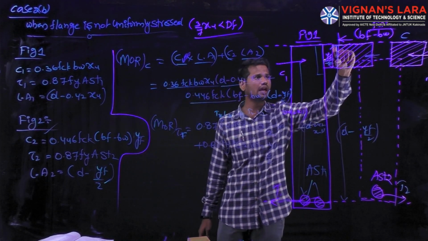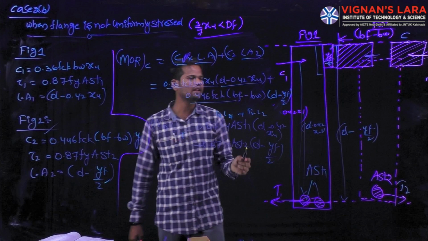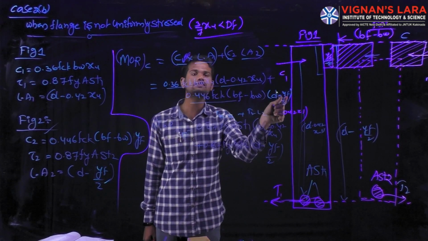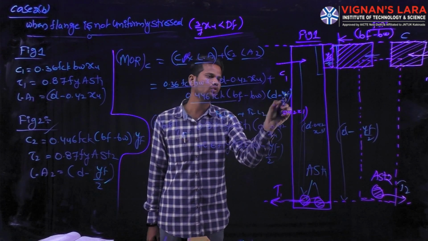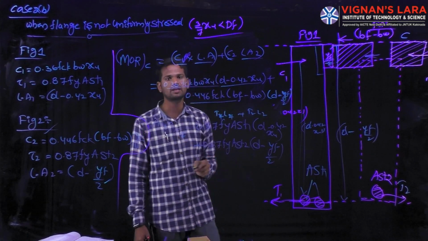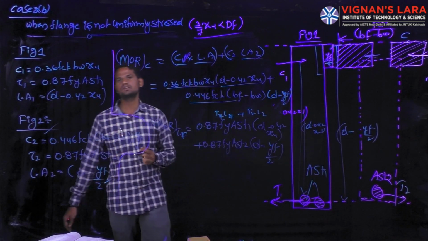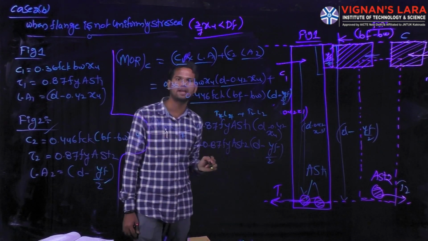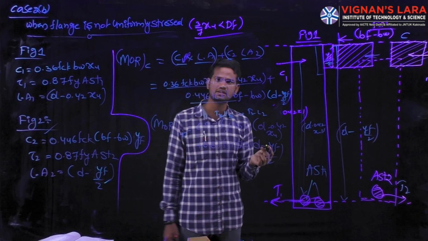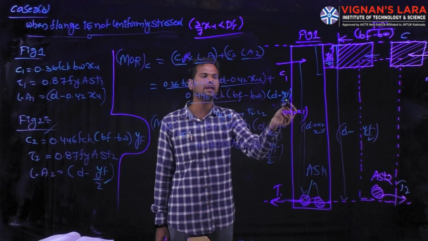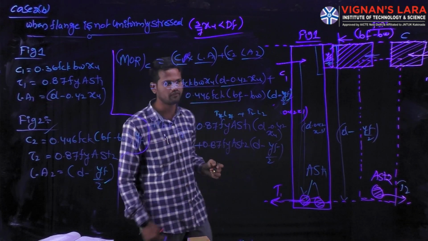Next we have the lever arm distance, that is D minus YF by 2. Remember here, D minus YF by 2. In the previous condition, uniformly stressed, you directly took DF. Now our condition is different, so you take the lever arm as D minus YF by 2.